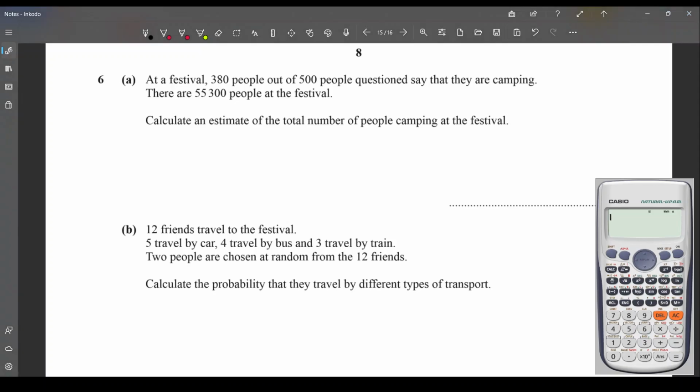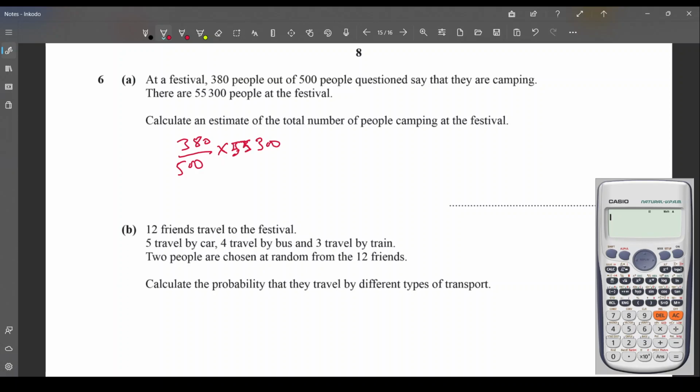At a festival, 380 out of 500 people are camping, and the total number of people is 55,300.